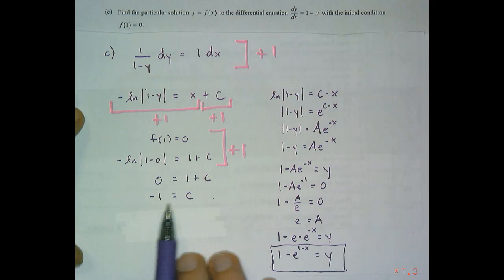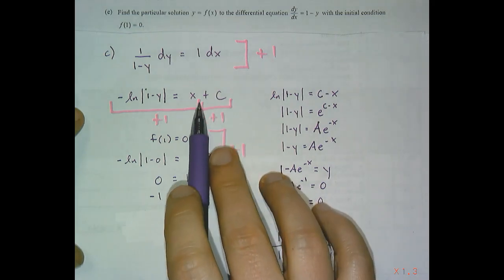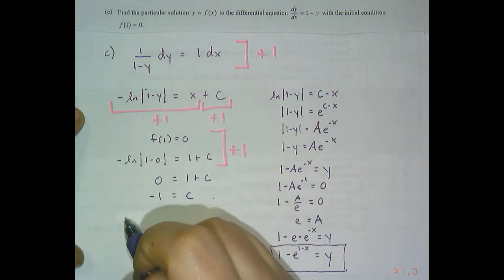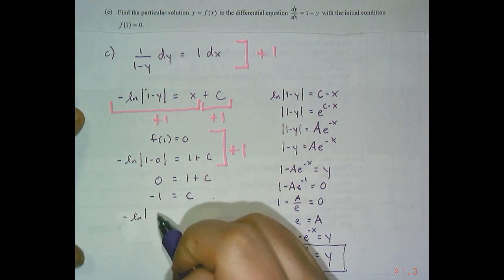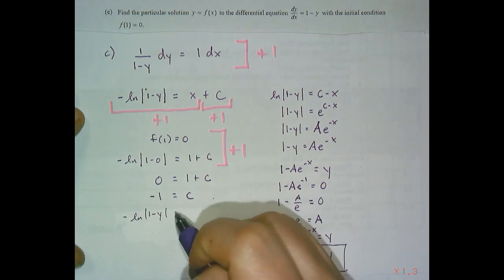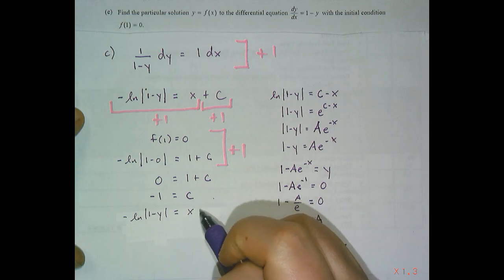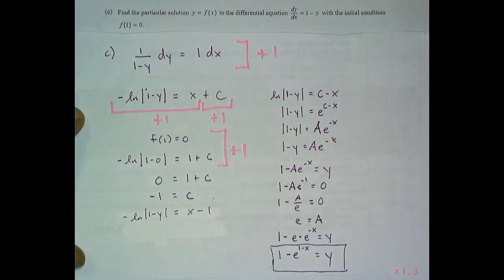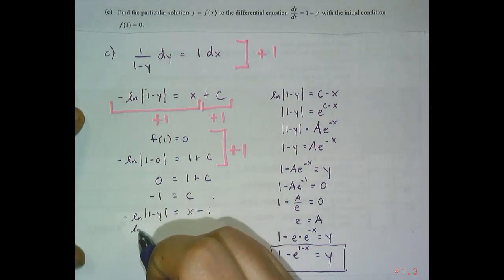Now that we have our c value, we can plug that into the original equation and start solving for our particular solution. X plus c would be x minus 1, and if our goal is to solve for the y in this case, we'll divide the negative across.